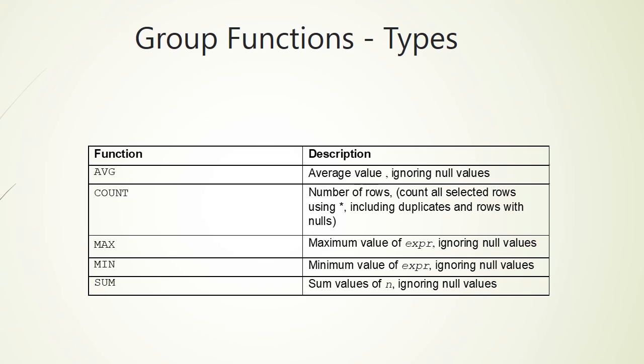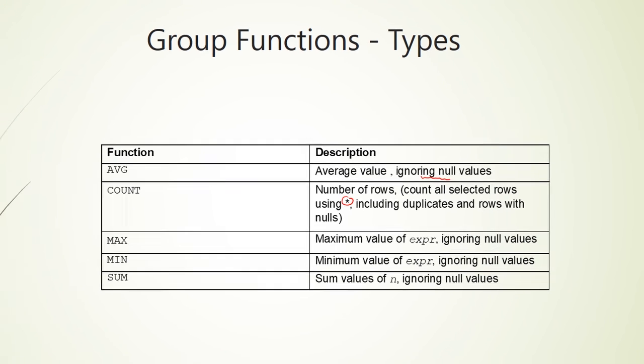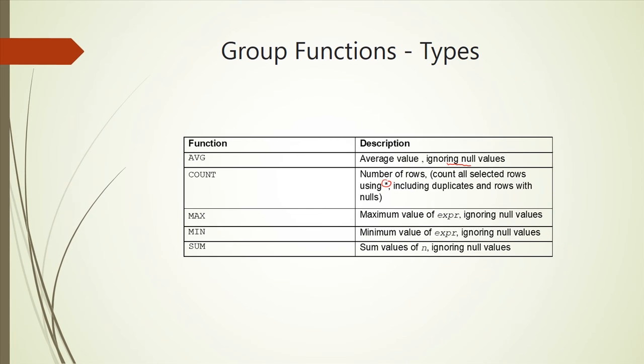Summation or sum function returns the sum of n values. Keep in mind all group functions ignore null values, except when you use star with count. When you use star with count, it includes duplicates and rows with null values.